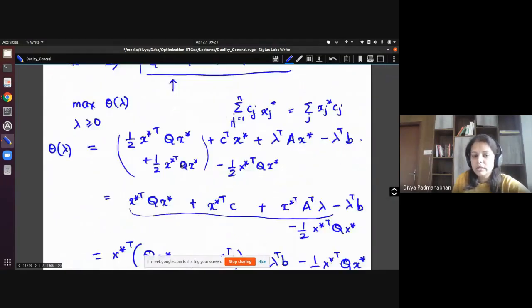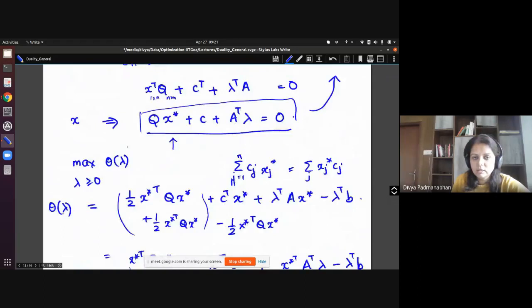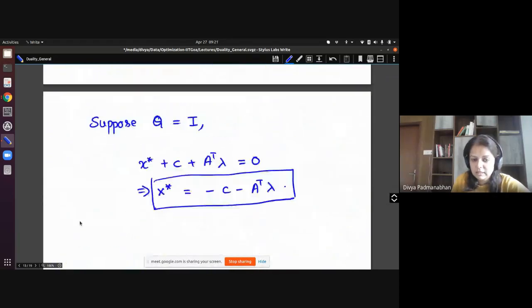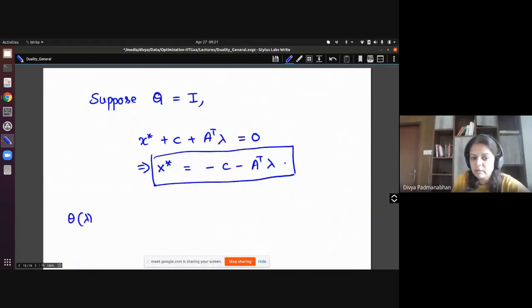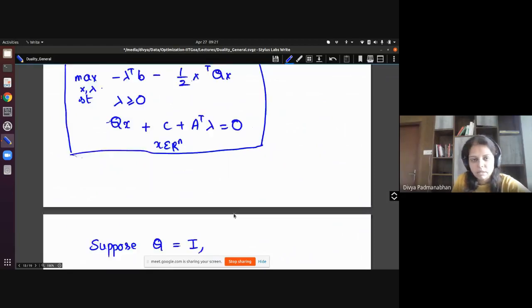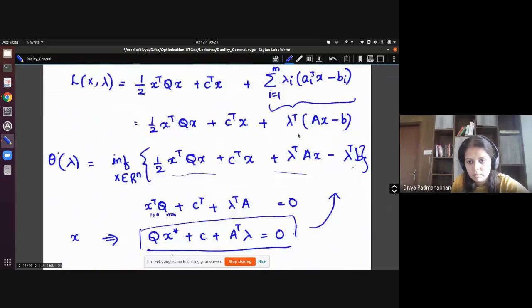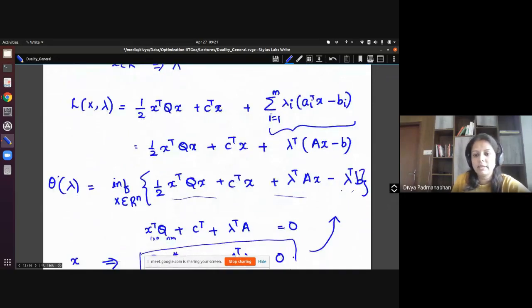Now when you try to write the dual function, let's write it again. Theta of lambda is half x transpose Qx plus c transpose x plus lambda transpose (Ax minus b).